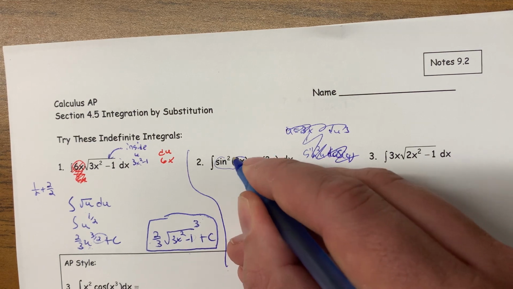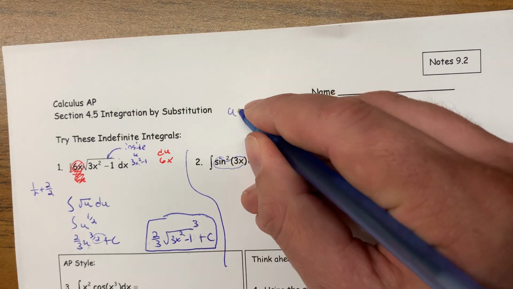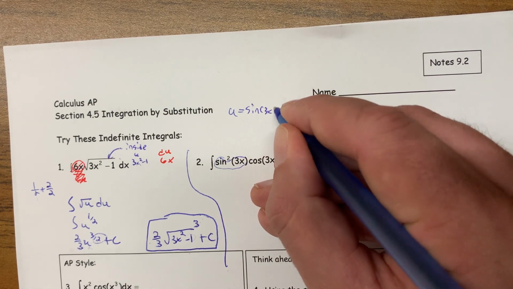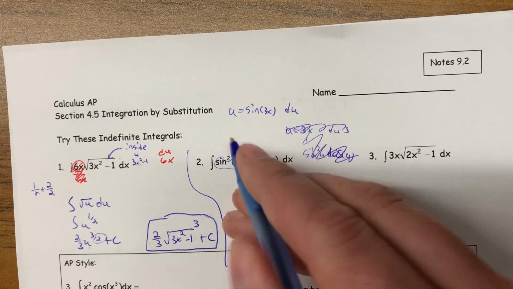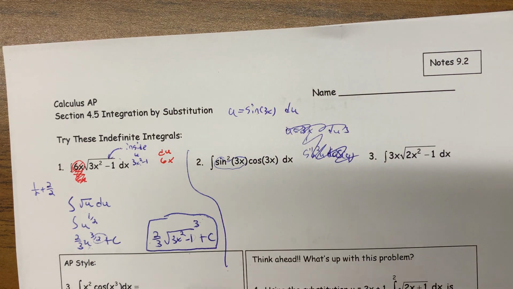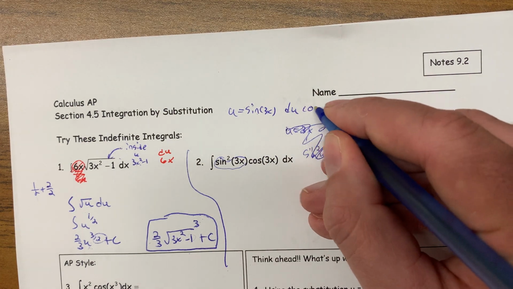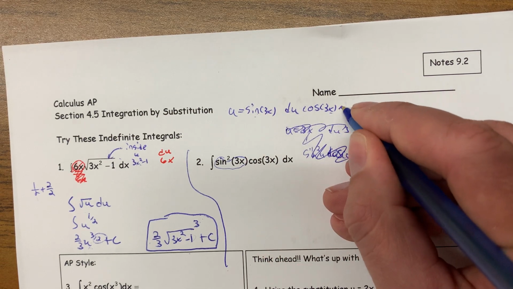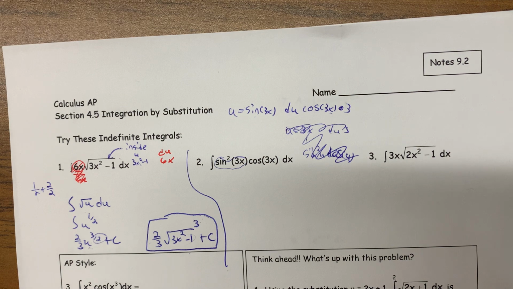if we pick sine of 3x, so the inside function, u, is sine of 3x, then the derivative of sine of 3x would be cosine of 3x, the derivative of sine of something is cosine of something, times the derivative of the inside, which is 3.